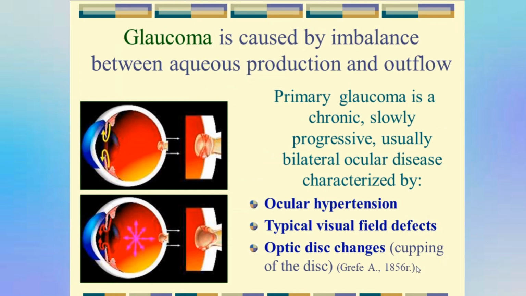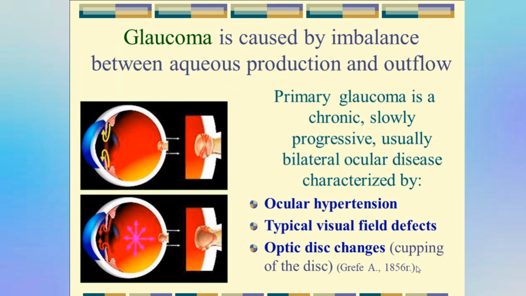Primary glaucoma is a chronic, slowly progressive, usually bilateral disease, which is characterized by ocular hypertension, typical visual field defects, and optic disc changes. We call this cupping excavation.